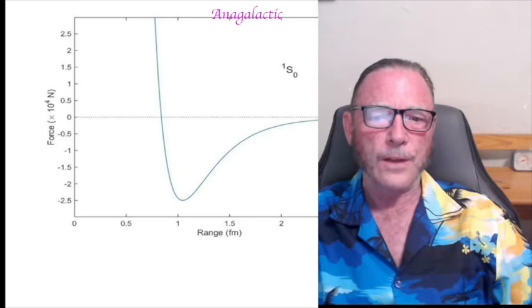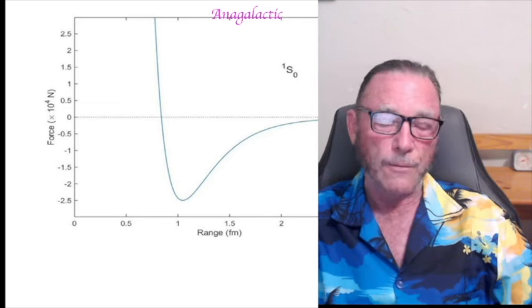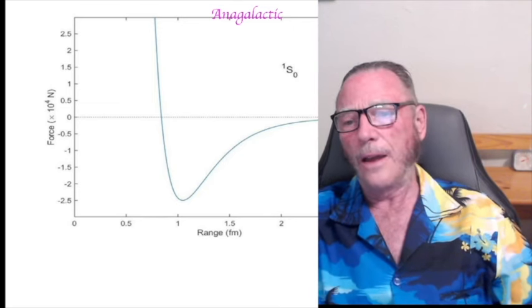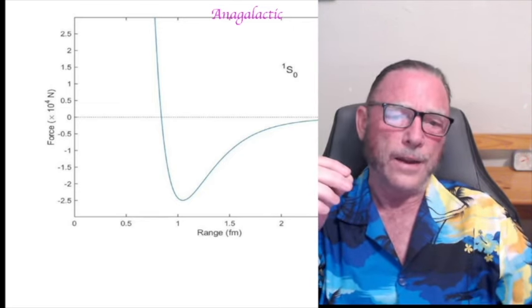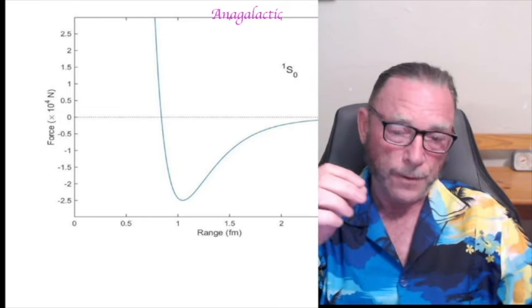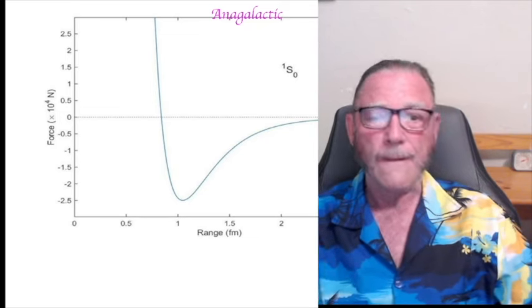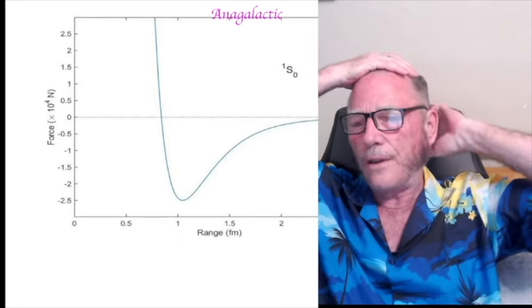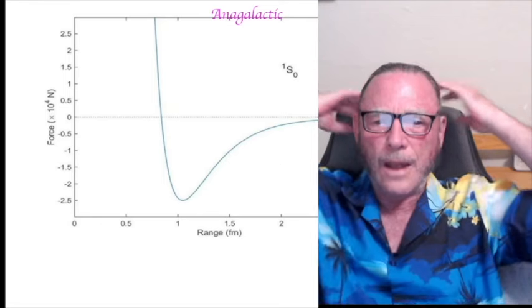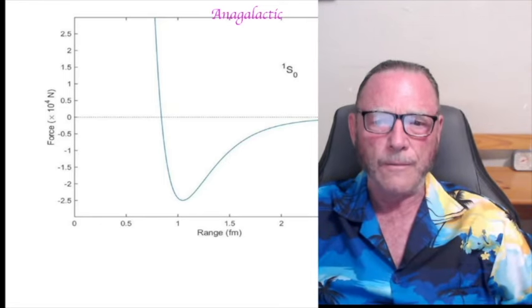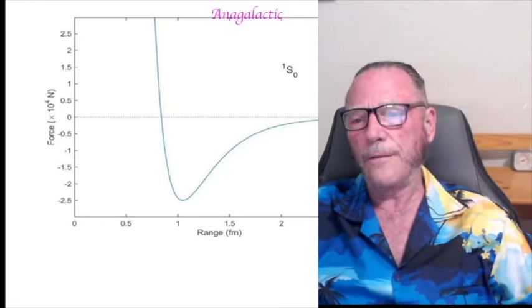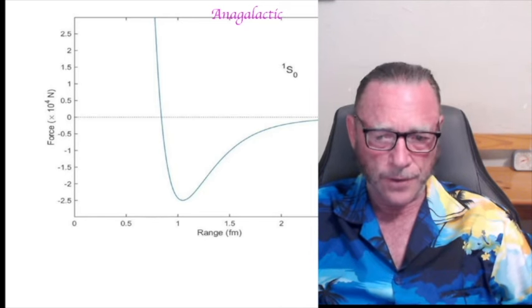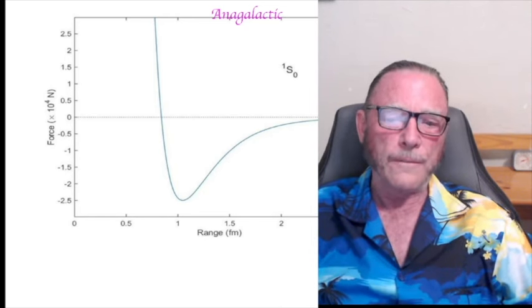And if the proton still proceeds from right to left and passes where the blue line is and is now further to the left of the blue line, it's increasing faster and faster, and it's going to infinity. So this shows that if the proton has sufficient velocity to pass the 1 femtometer.